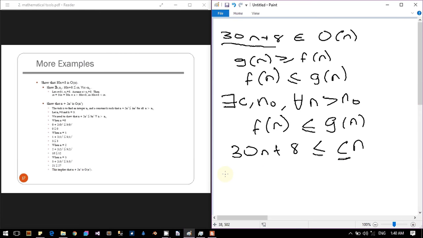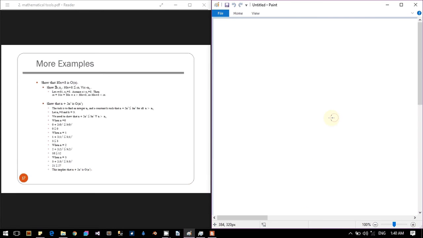We assume that c is 31. Because the base here is 30, we're just assuming a greater value since we know it's already bigger, and we assume our n naught is 8 because of this constant 8. Moving on, we said 30n plus 8 is less than cn, and we said c is 31, n naught should be 8.